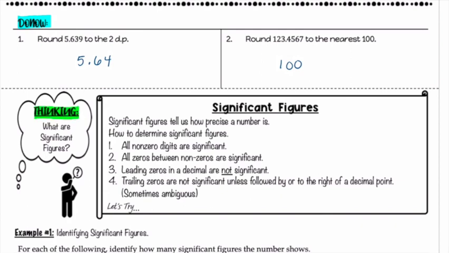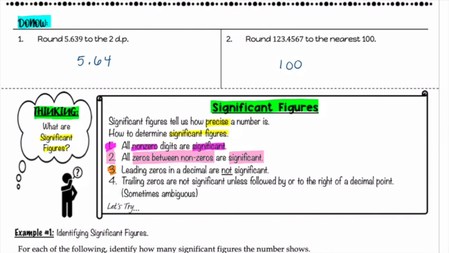We are going to be talking about what significant figures are. Significant figures tell us how precise a number is. How to determine significant figures: 1. All non-zero digits are significant. 2. All zeros between non-zeros are significant. 3.